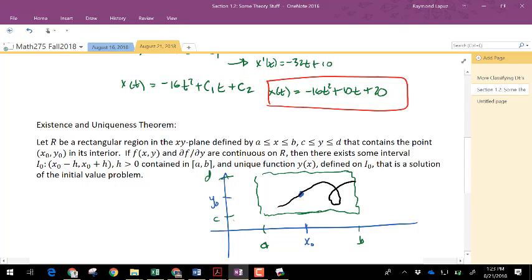I'll do something weird like that because it's possible that you have an implicit solution, which means the vertical line test isn't going to work anymore. So let's just say some other weird things could happen where it might not be a function anymore, but you just have a regular relationship between x and y. But the function is smooth. There are no weird angles or cusps or anything like that.